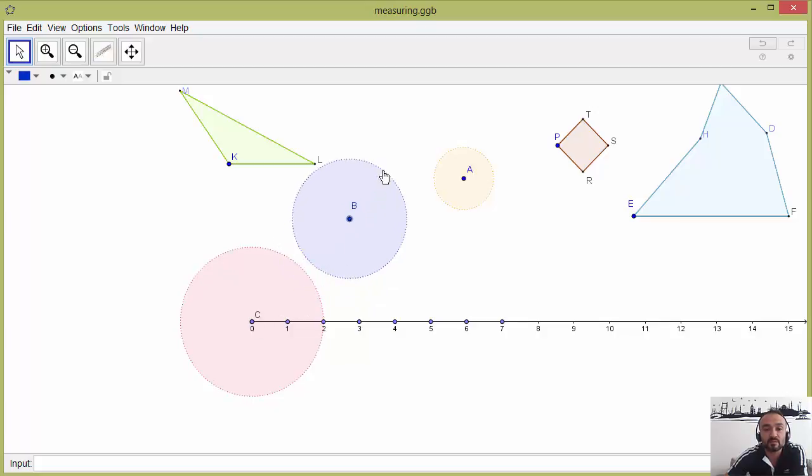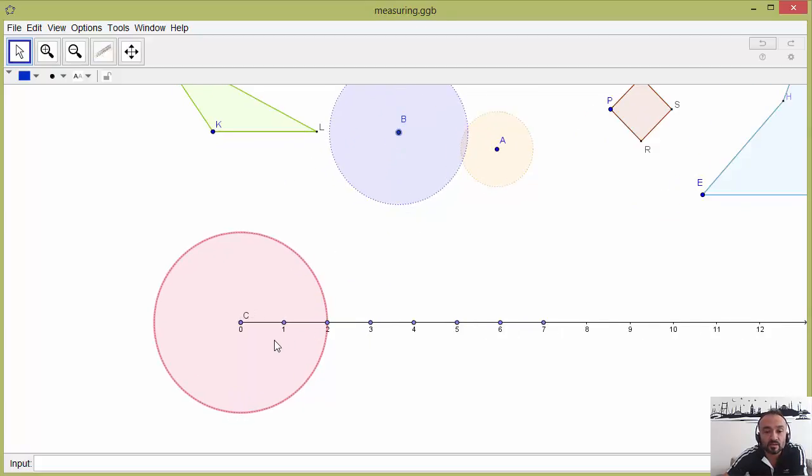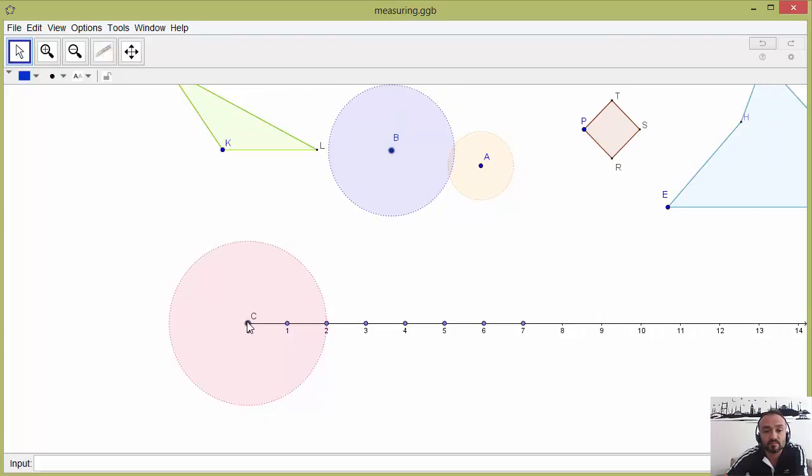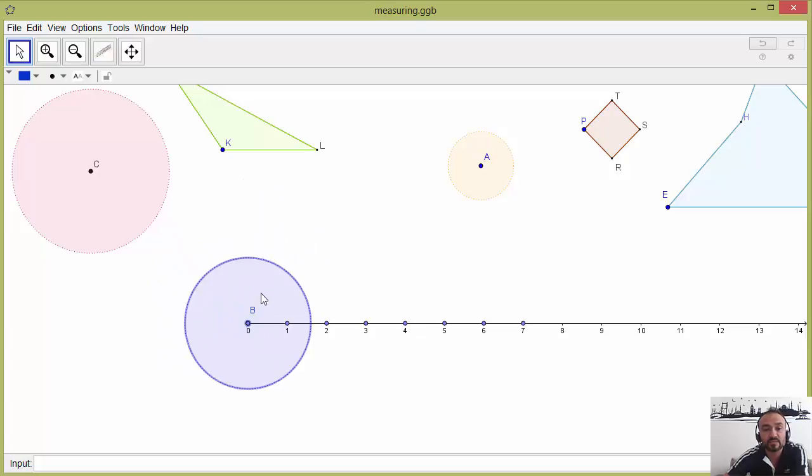For example, the radius of the circle is 2 units. Whole numbers again worked. Let's measure the radius of this circle. Now the whole numbers are not sufficient.